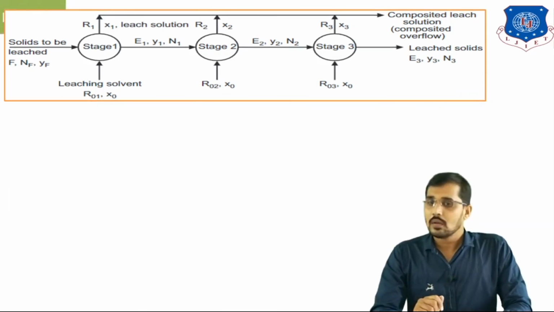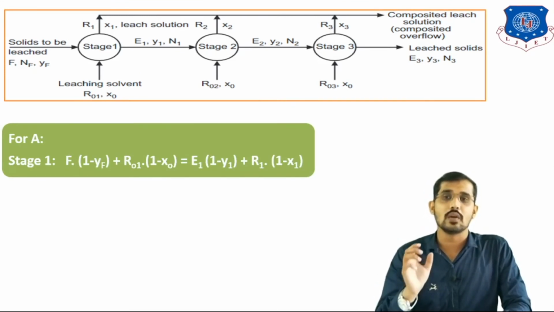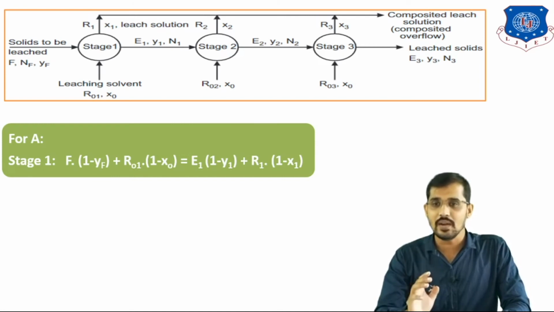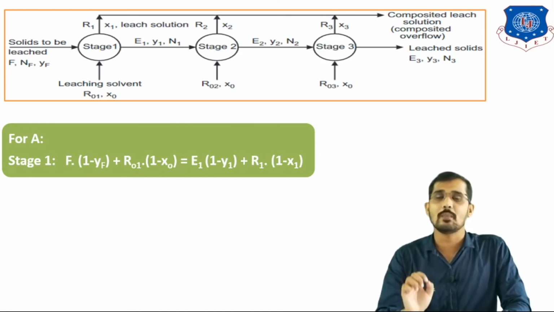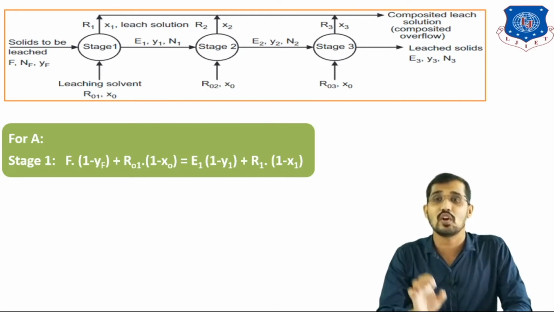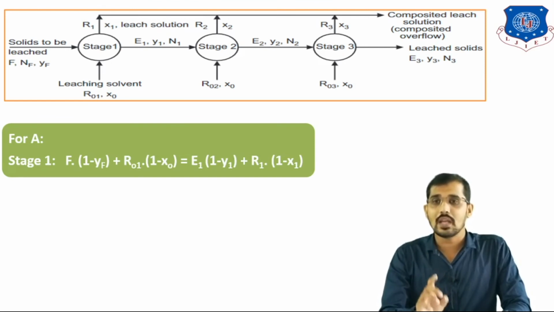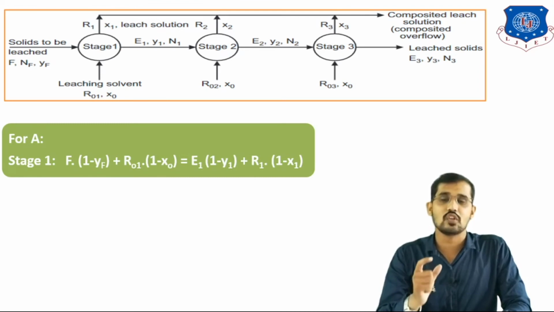Okay. Finally, we can write for the leaching solvent, that is component A. In this manner, for stage 1, I can write F into 1 minus YF. 1 minus YF is the mass fraction of the solvent. I told you total mass fraction is 1. So we have taken YF as the mass fraction of the solute, so the remaining mass fraction of the solvent is 1 minus YF.